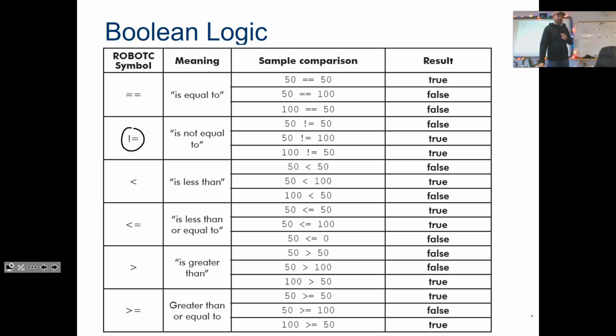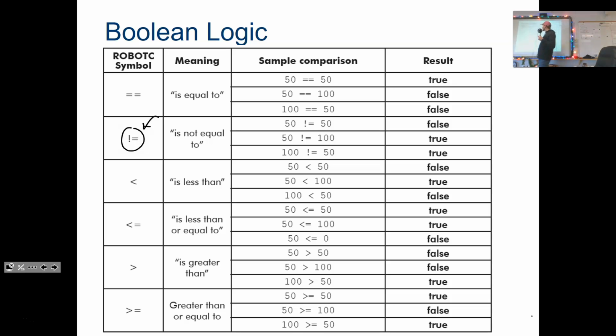Or what you could do is while sensor value bump switch exclamation point equals 1, while it's not equal to 1. So this is another way. You can get kind of creative in your code to mimic what's going on in your brain. I want it to be when it's not pushed, so not exclamation point equal 1. That's because that's what pushed means.